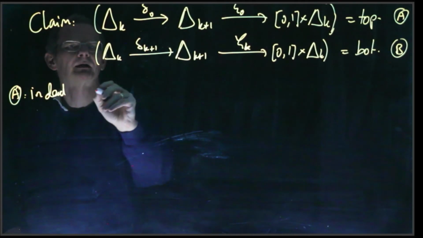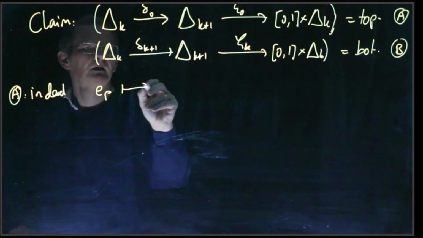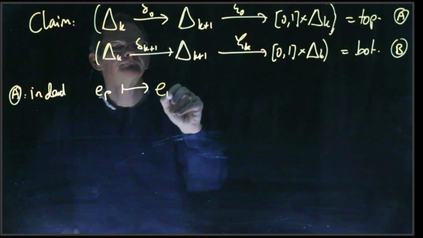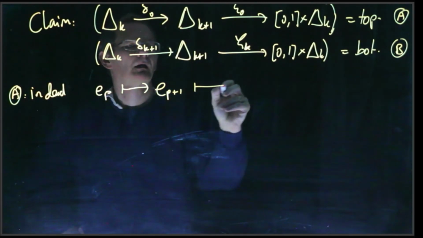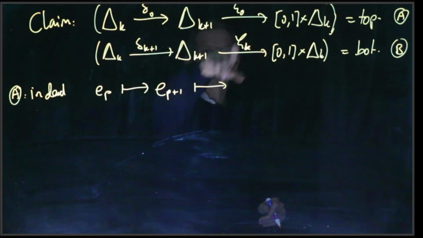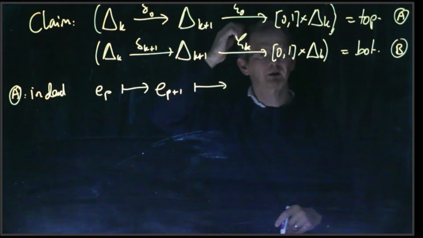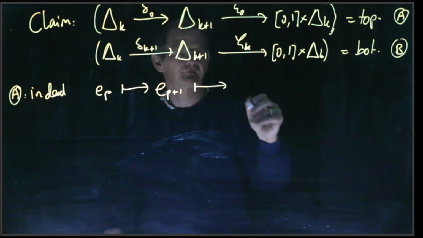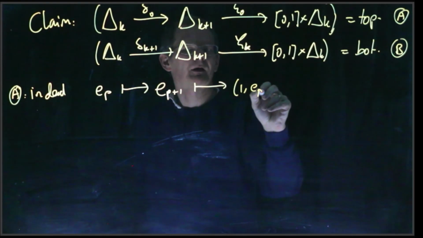Under delta 0, everything always just gets shifted to EP plus 1. And then we do zeta 0. Zeta 0 sends E0 to the bottom, but everything else gets sent to the top, and the indices get shifted left by 1. So that's 1 EP.